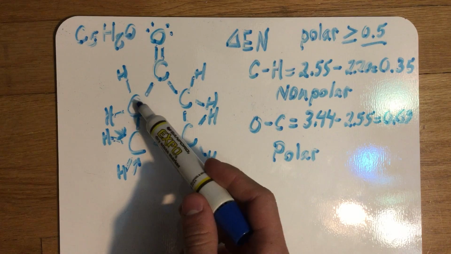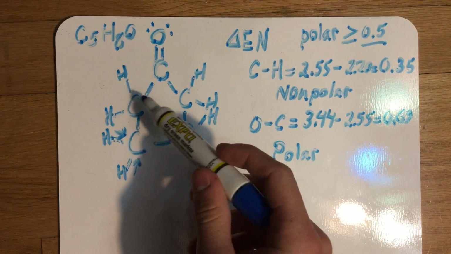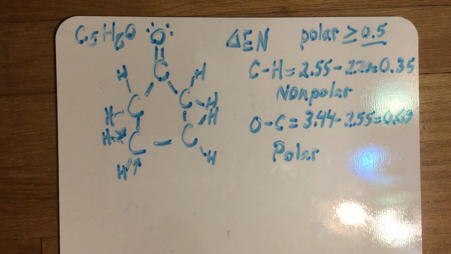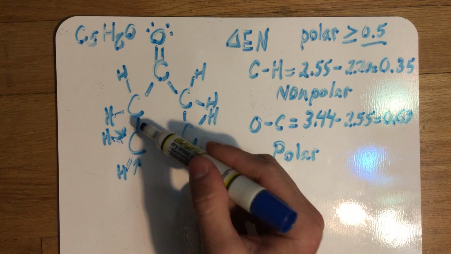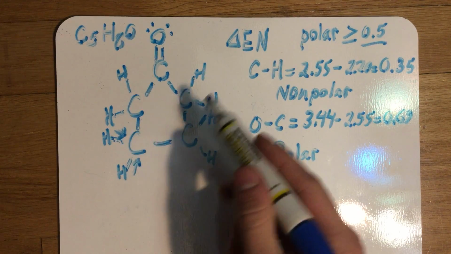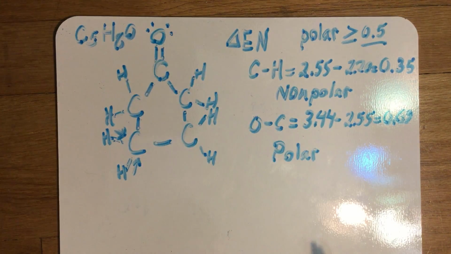bonded with each other. In this case, both carbons have the same electronegativity, so that would just cancel these out because they would be 0. So I would cancel out these two and these two. And then we're just left with the bond between the carbon and oxygen.